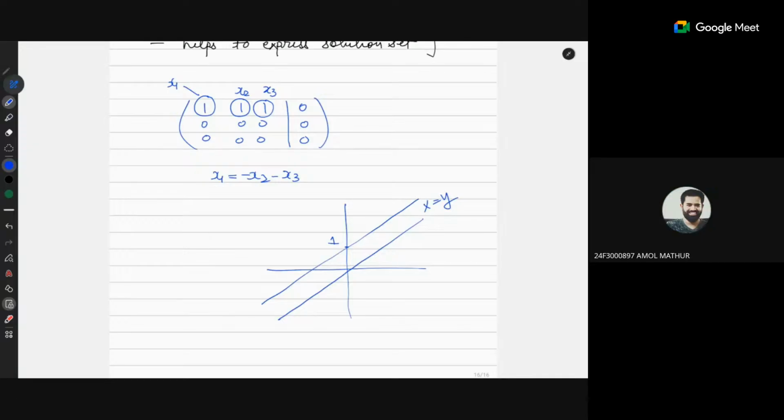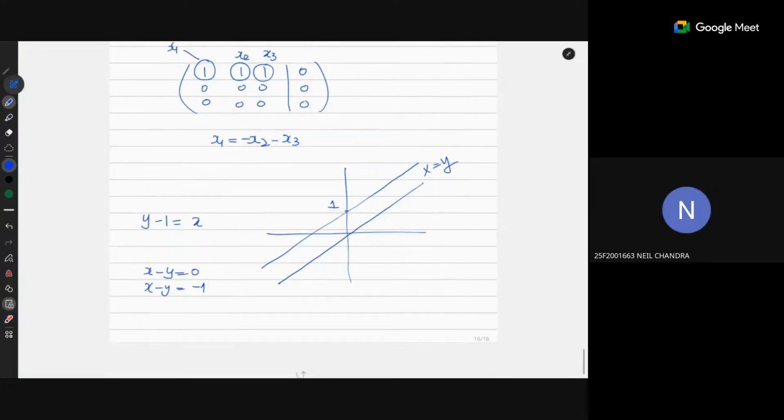The slope is 1, so the equation will be y minus 1 equal to x. So there are two equations like that, and they are parallel to each other. Let me write down the system of equations. The system is x minus y equal to 0, and another is x minus y equal to minus 1. Correct?